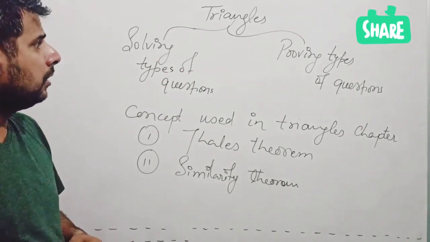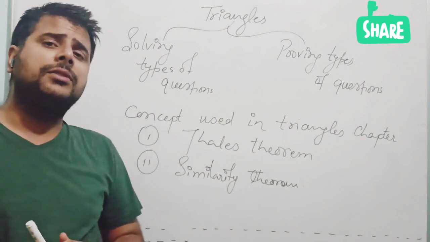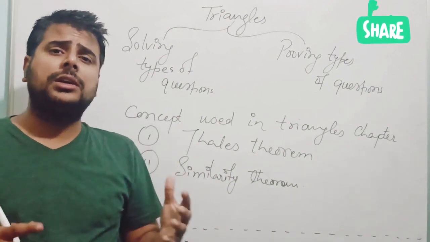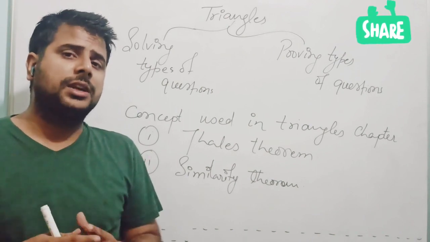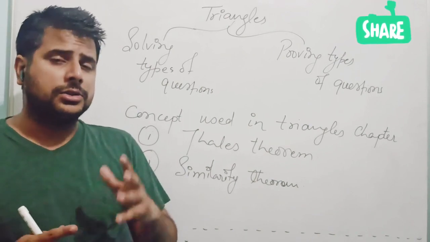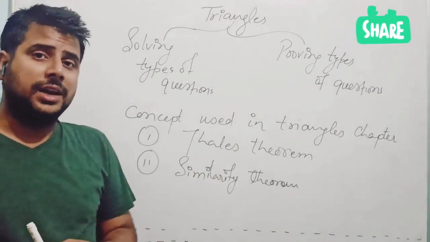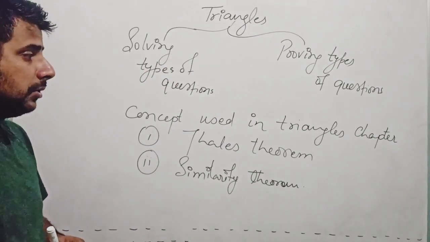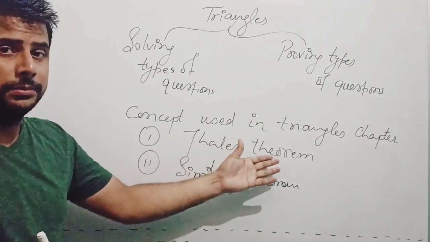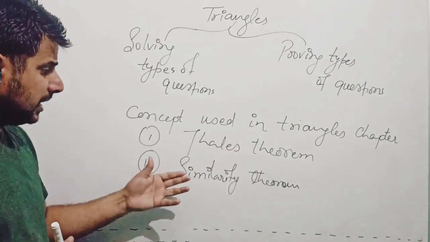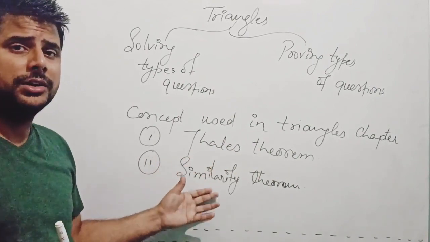So if we talk about the triangle chapter, then definitely we first have to think about what concepts we are going to face in it. Here I have the two concepts according to the syllabus of the 10th standard: the first one is Thales theorem, and the second one is similarity theorem.